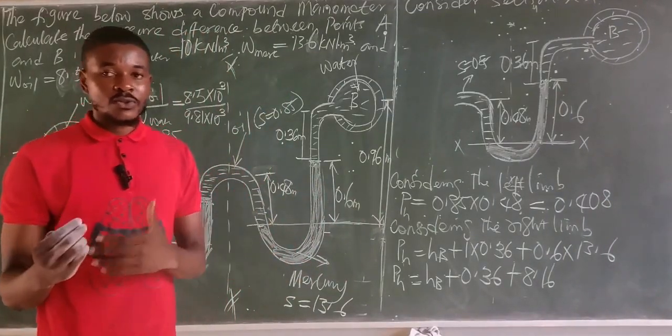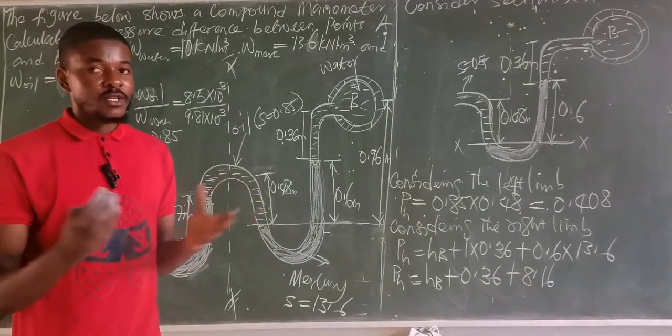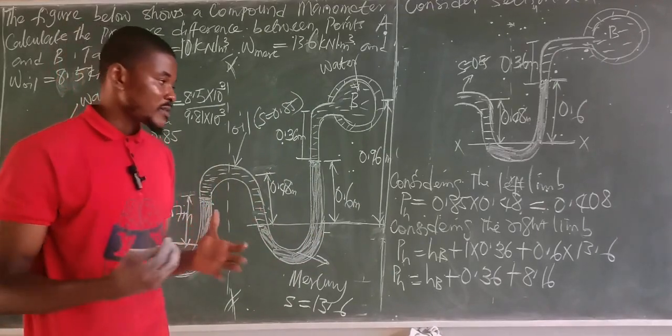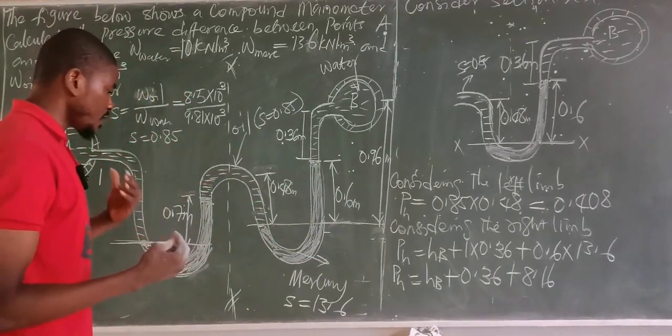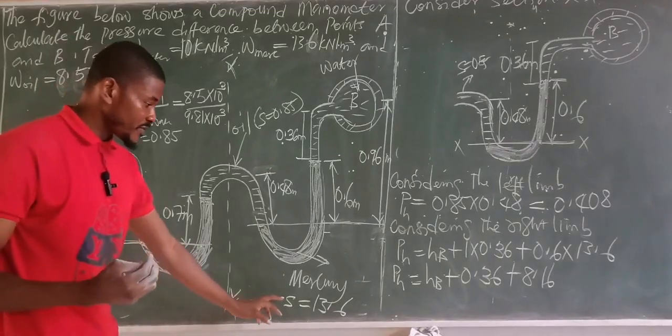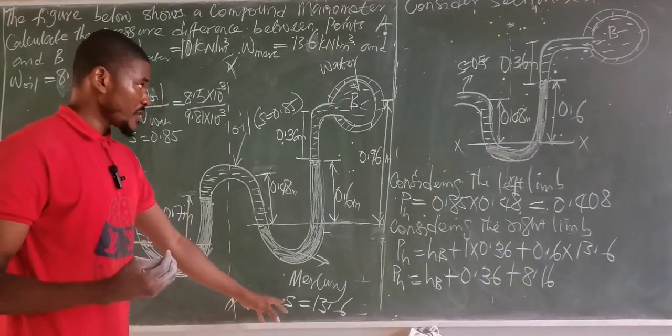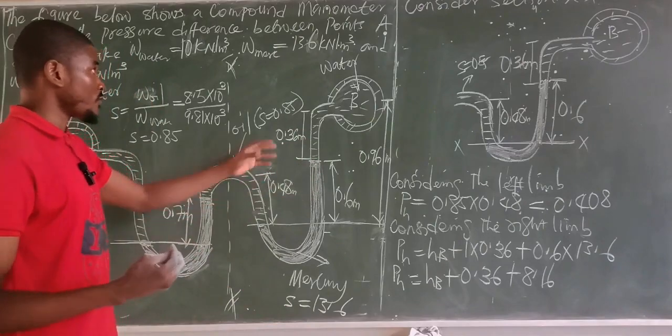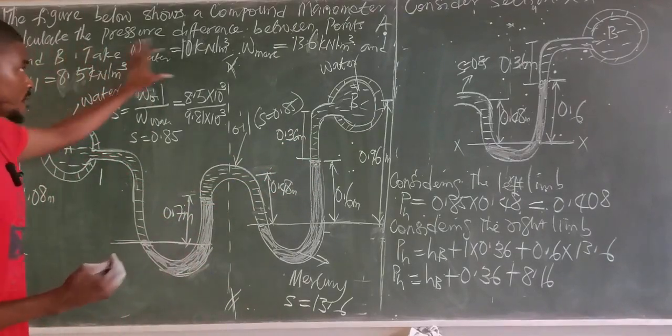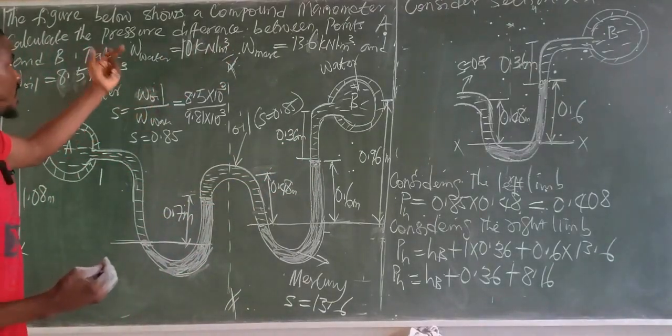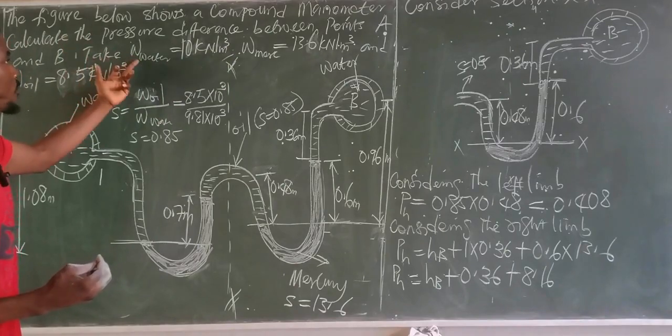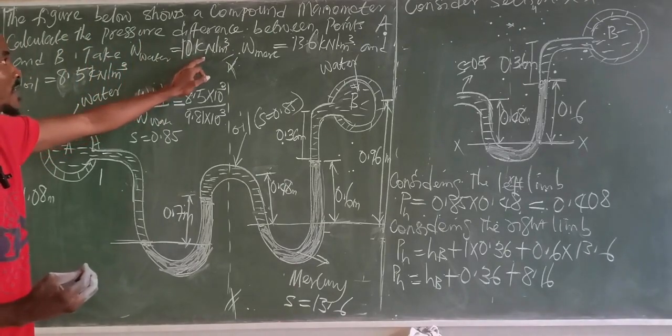Equation 1 was equal to 0, equation 2 was equal to 0, and then you put them together, you obtain your answers. I also pointed out that if you are not given specific gravities of mercury, water, and oil, but you're given this condition, specific weight of water was given here as 10 kilonewtons per meter cube.